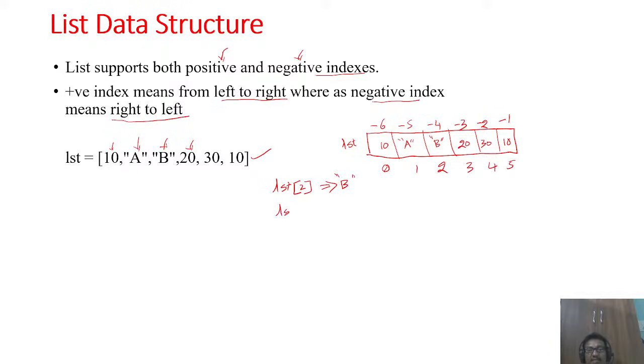Similarly, if you access by using the negative index, list of -1 gives the last element in the list, this 10. That is how we can access the elements by using positive index or negative index.